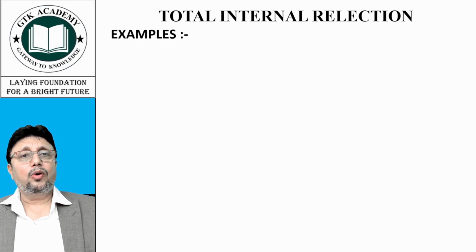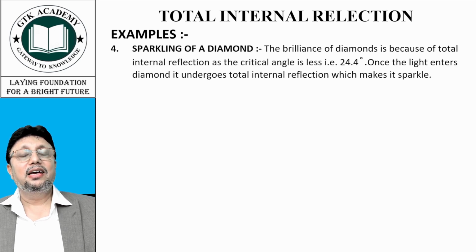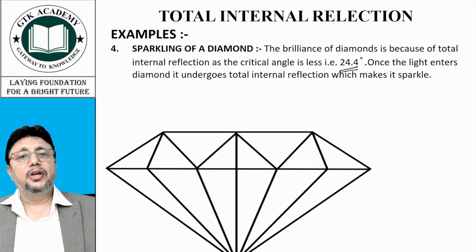One more quite interesting example is the sparkling of a diamond. I just told you that diamonds sparkle because the critical angle is very small. It is 24.4 degrees only. Now let me draw the diagram of a diamond.